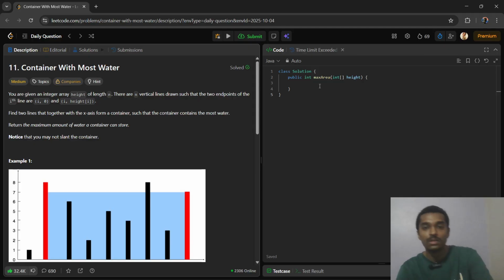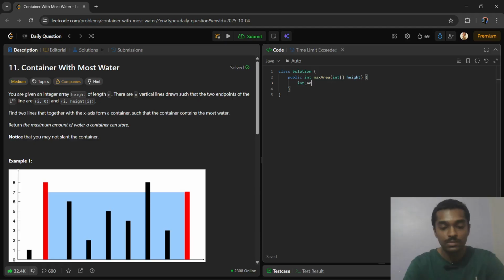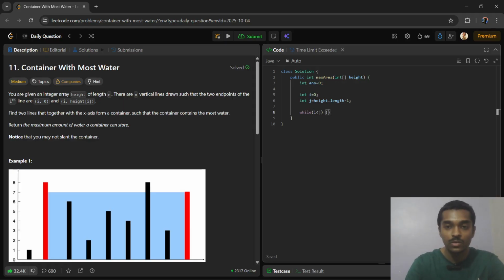We have to take one answer variable which is going to store the answer, and we have to take 2 pointers, i and j, where j is height.length minus 1. Now until i is less than j, we can calculate. What is the current area?